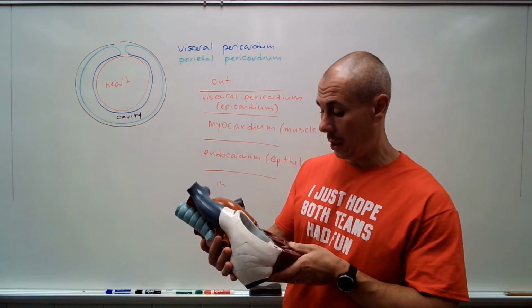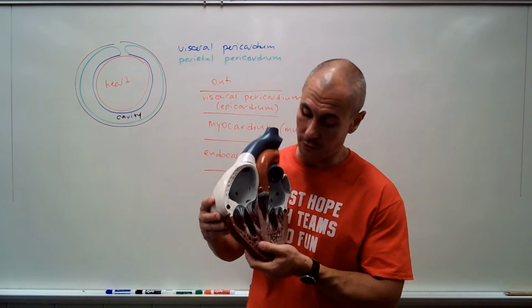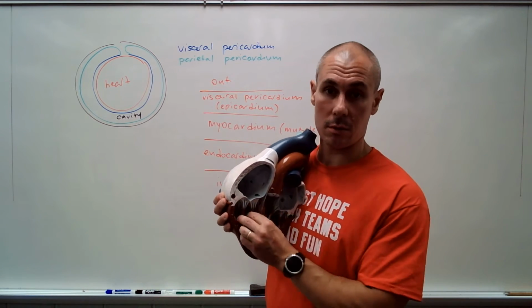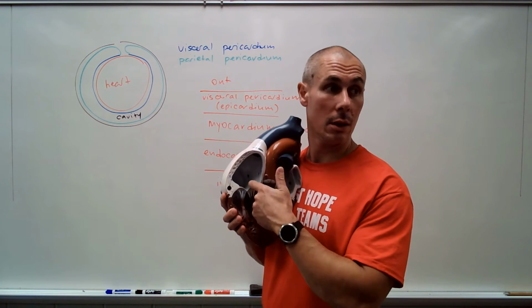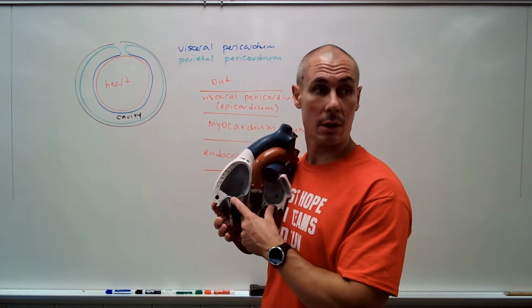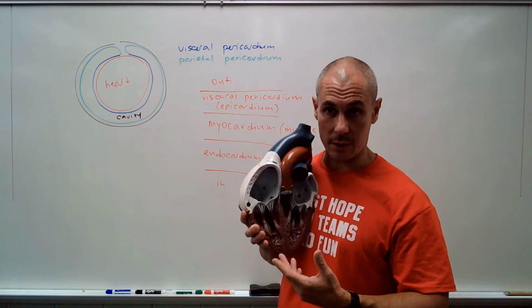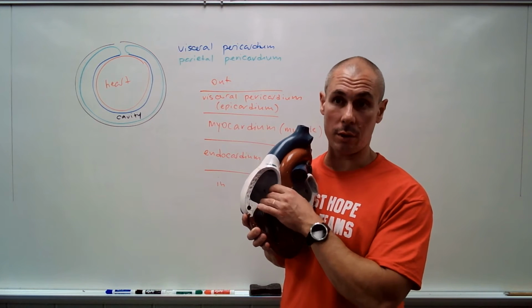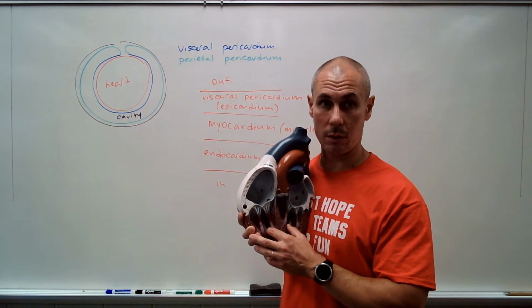Now, what about other structures? First of all, do you see this structure here with the kind of fibers in this one? So these are valves. Can you see these valves? These valves are commonly called atrioventricular. Do you follow?